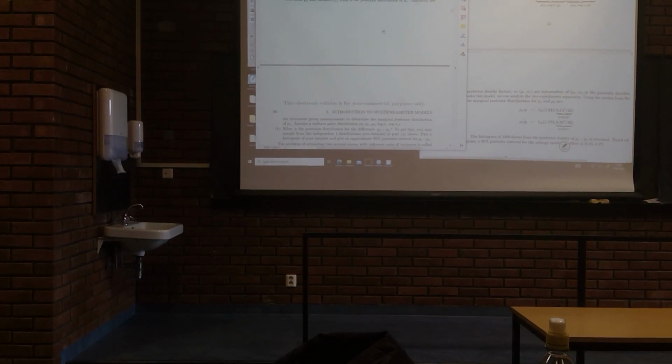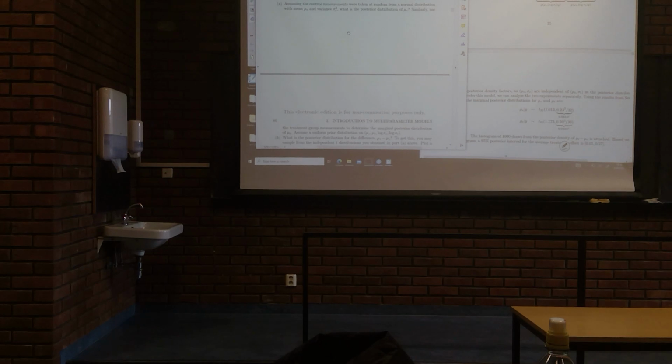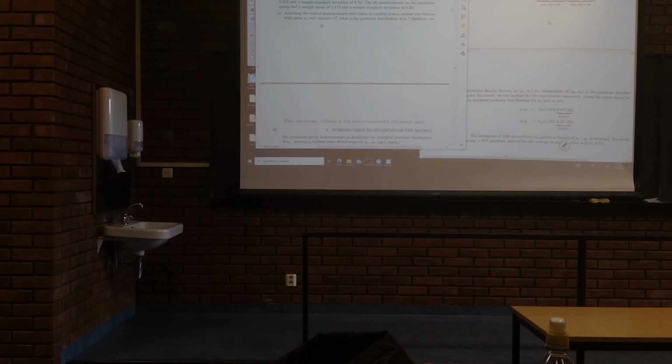But note that in order to do this analysis based on the Gaussian distribution, we need some extra nuisance parameters. So the variances in each group can be considered nuisance. We are not particularly interested in them, but we need to consider them in order to take properly into account the uncertainty related to estimation of that one as well.